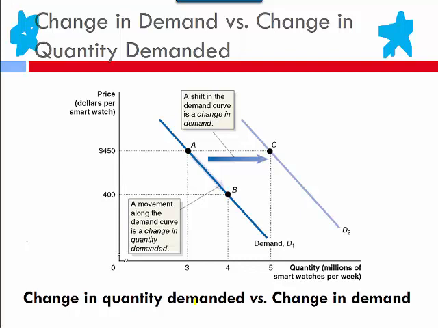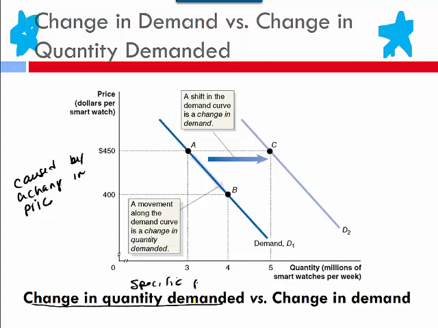Let's do change in the quantity demanded first. A change in the quantity demanded is caused by a change in the price. Remember, quantity demanded is linked to one specific price.